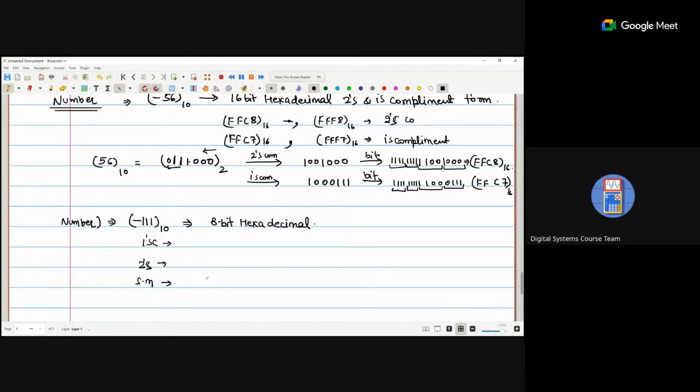So 111, the binary number is the same for everyone.